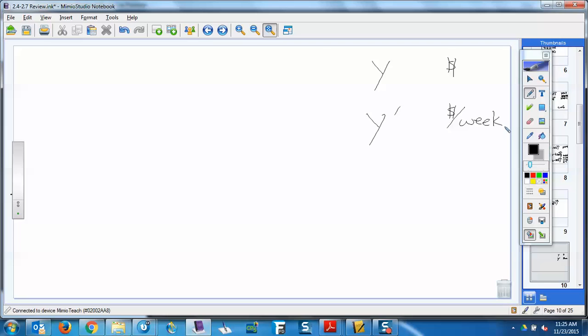I don't know if we need any of that information, but let's just understand the scenario. Y is the total dollars given. Y prime would be the rate that people are giving. So let's read that sentence. The rate that they contribute, Y prime, is proportional to.